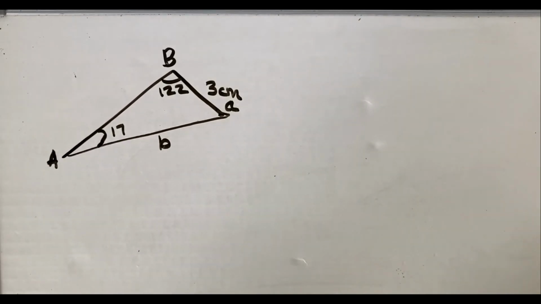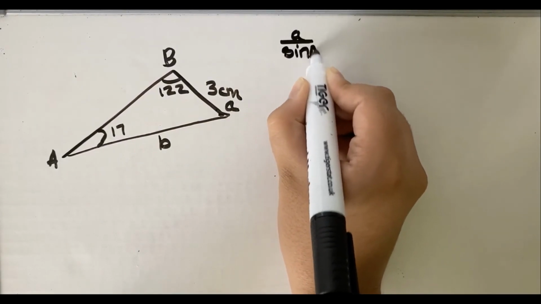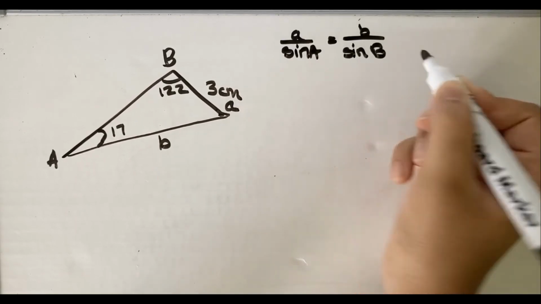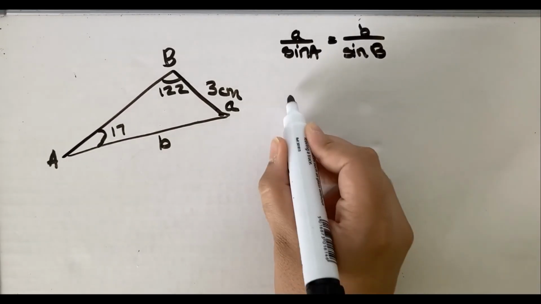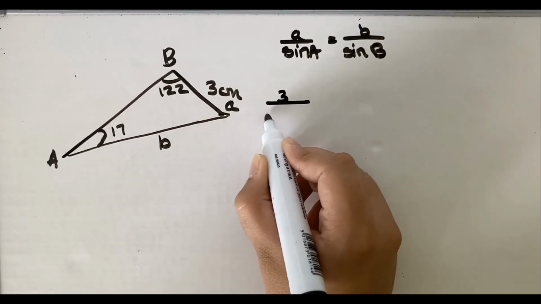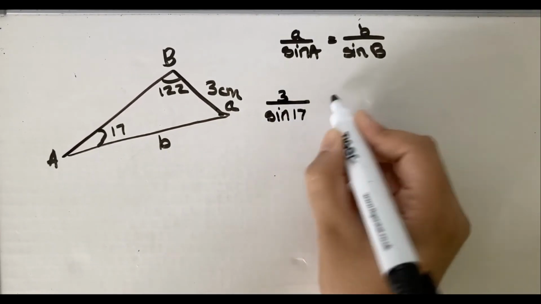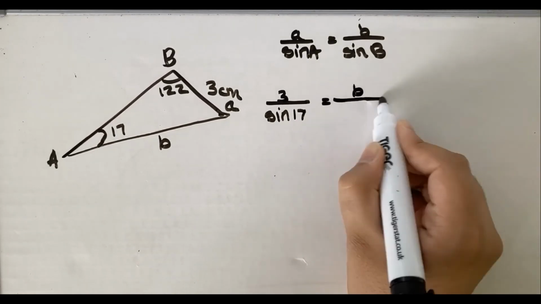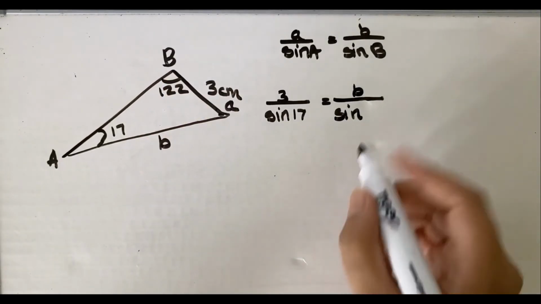Now let's write out the rule once again, so we just know what we're working with. a over sine A equals b over sine B. Now, we know what a is, which is 3 centimetres, and that's over big A, which in this case is 17, and that equals b, and we don't know what b is, so we leave it as b, over sine big B, and we know that big B is 122.